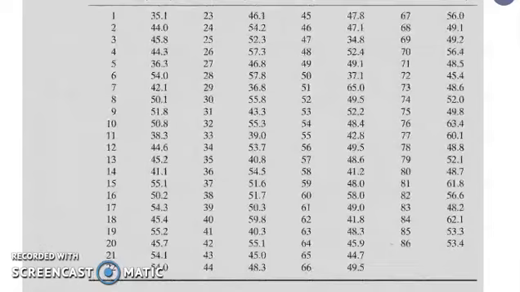So basically from here, we have to observe the lowest speed. What will be the lowest speed?